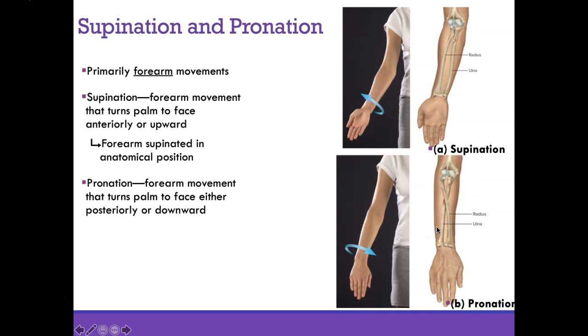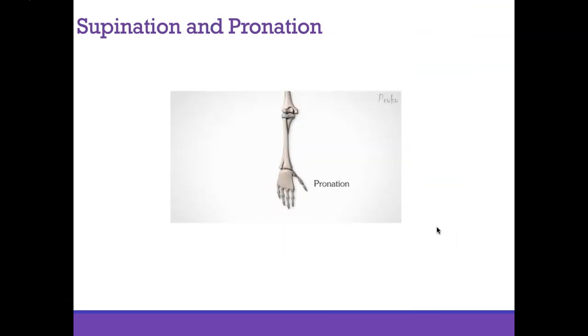And you can feel that a little bit when you try to pronate. So that's an example of supination and pronation. And now you should look back and think about what type of joint allows for supination and pronation. So we should be able to look back and answer that type of question.